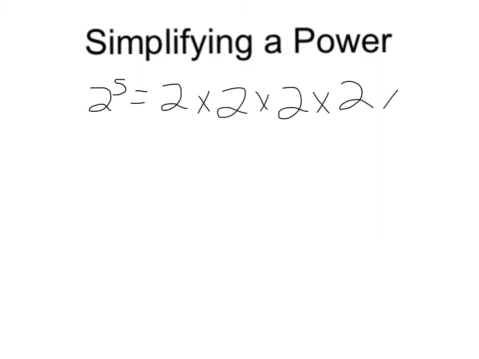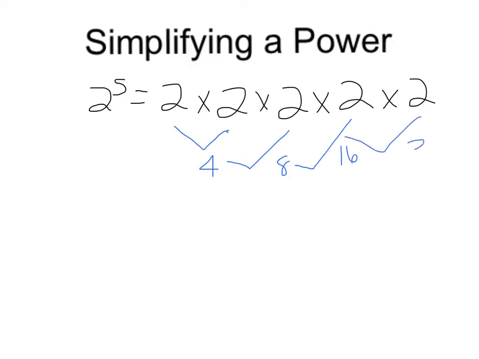Now let's talk about how to simplify a power. That just means given a base with an exponent, how do you find the answer? So if we have 2 to the 5th, that's the same as 2 times 2 times 2 times 2 times 2. 2 times 2 is 4, then 4 times 2 is 8. 8 times 2 is 16.